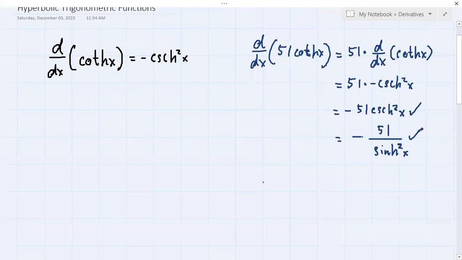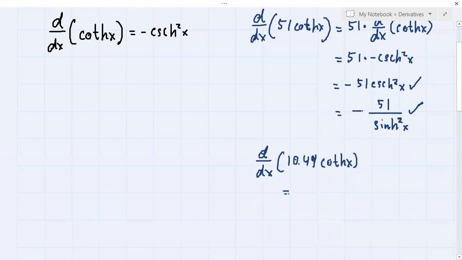Okay? Next, let's just say meron tayong 10.49 times cotangent hx. Okay? So once again, itong si 10.49, kahit naka-decimal, ano pa rin siya? Constant pa rin siya.